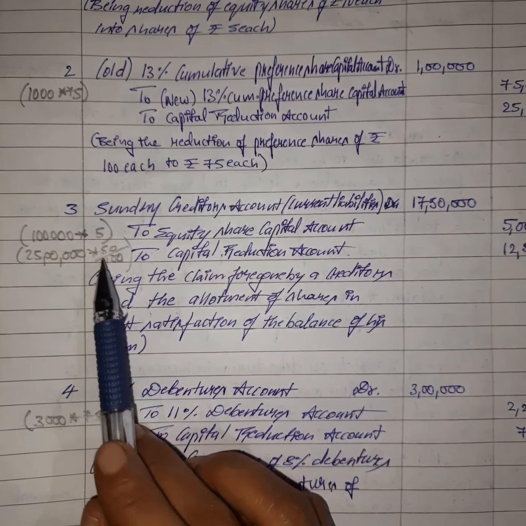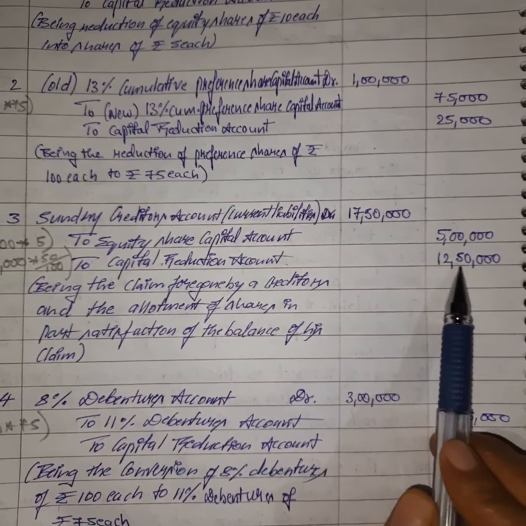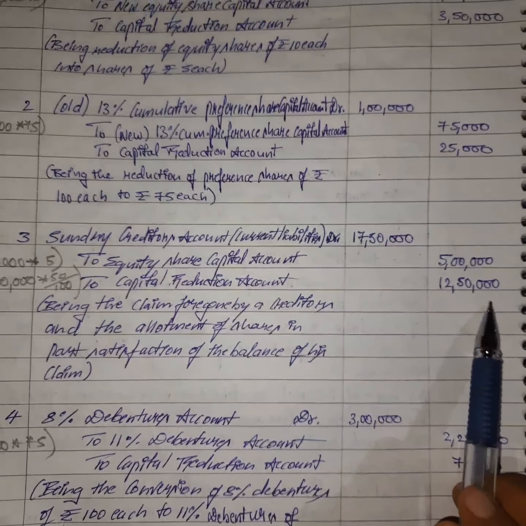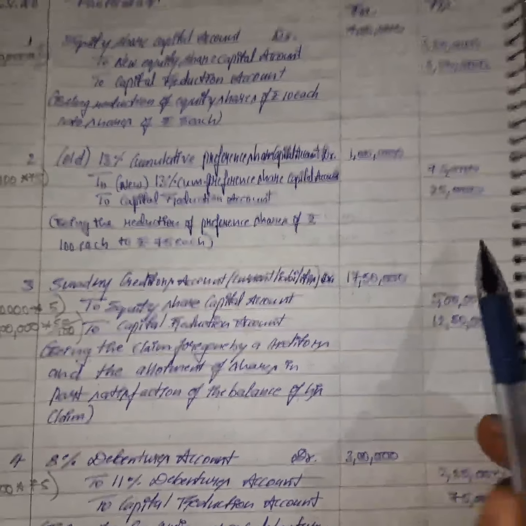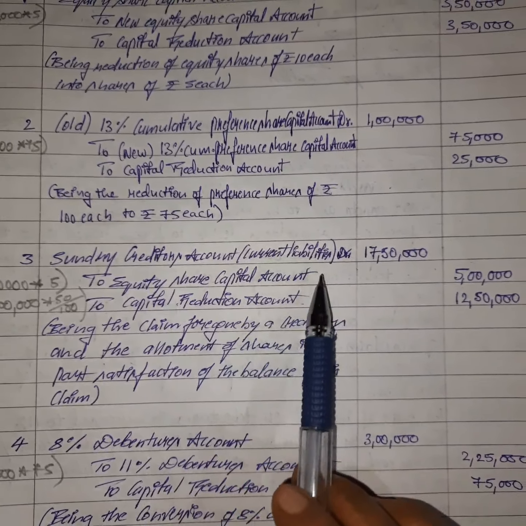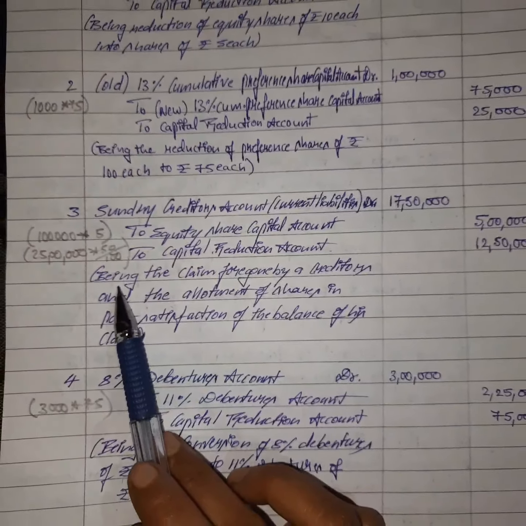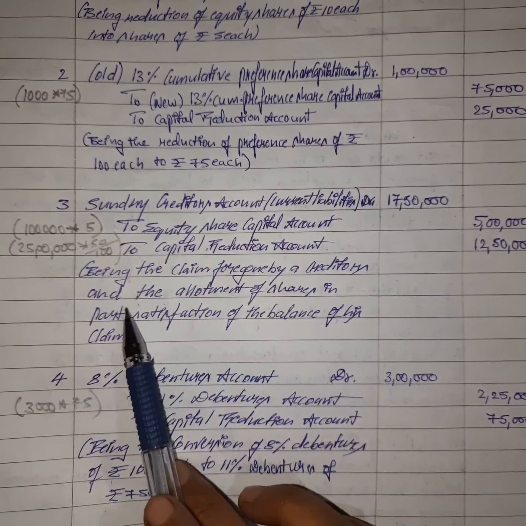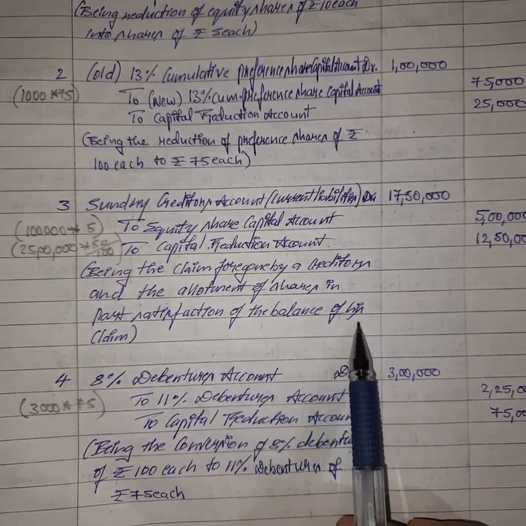So 25 lakh into 50 divided by 100, you will be getting 12 lakh 50,000. 5 lakh plus 12 lakh 50,000, you will be getting 17 lakh 50,000. You will be mentioning that in the debit side as sundry creditors account, in bracket current liabilities, debit. Note, being the claim foregone by a creditor and the allotment of shares in part satisfaction of the balance of his claim.